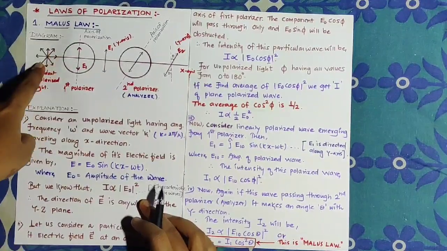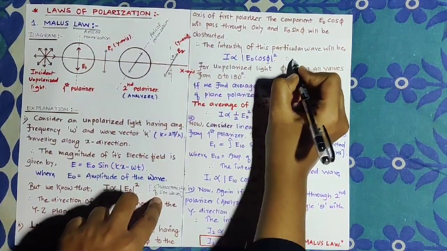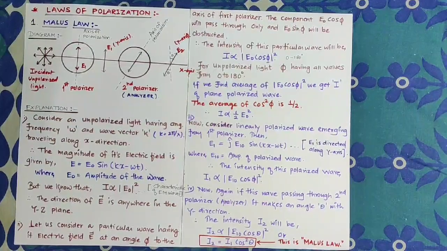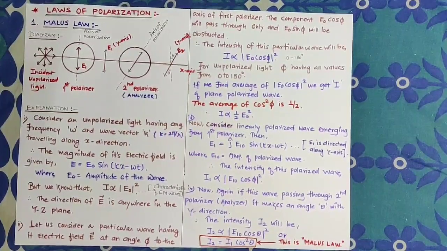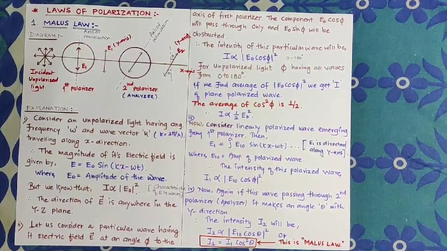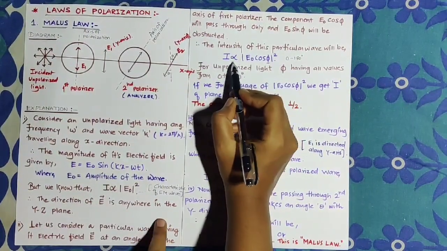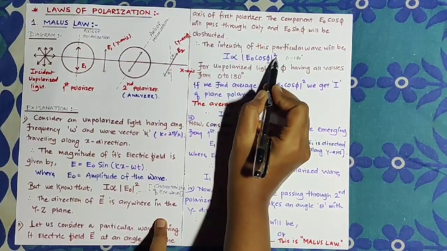When we consider unpolarized light, the value of phi changes from 0 to 180 degrees. So we cannot say what the exact value of phi is. But when we consider a particular wave, then we will get a particular value of phi. That's why we wrote, in the case of a particular wave, I is proportional to (E0 cos phi) the whole square.